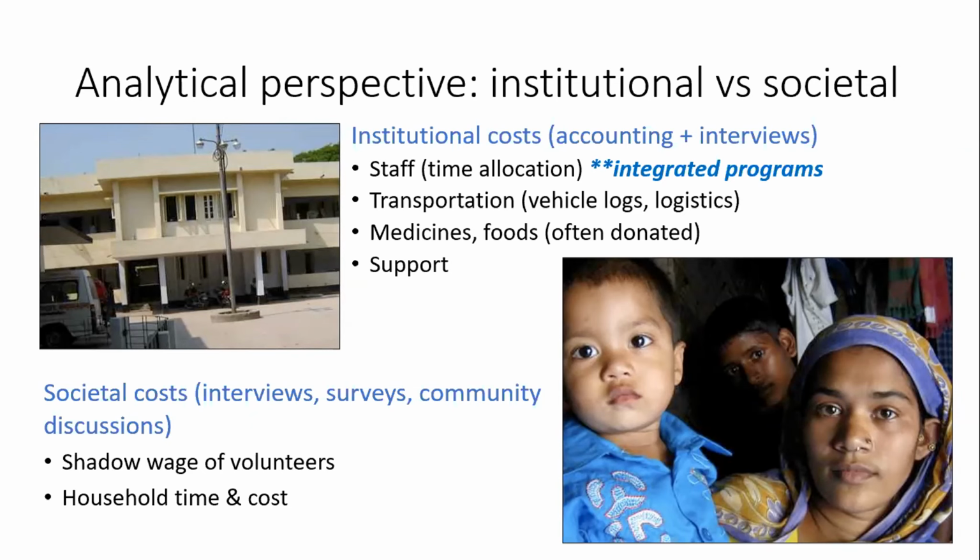We often need to go beyond the budget spreadsheet for a few considerations here. For example, if we're looking at the costs specifically for CMAM, we will need to conduct interviews with staff about their time spent specifically on CMAM. This is especially important for integrated programs where we're adding a new task, namely management of acute malnutrition, to an existing worker's workload.